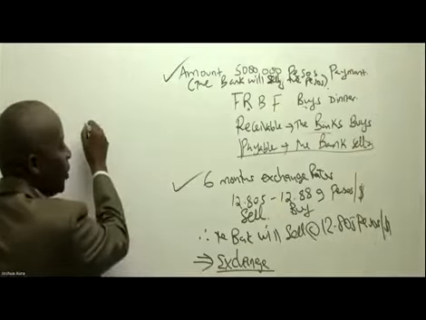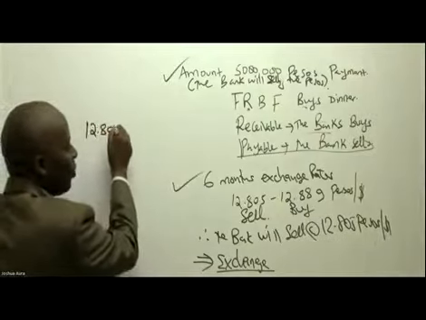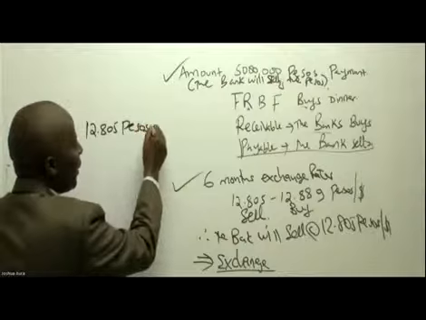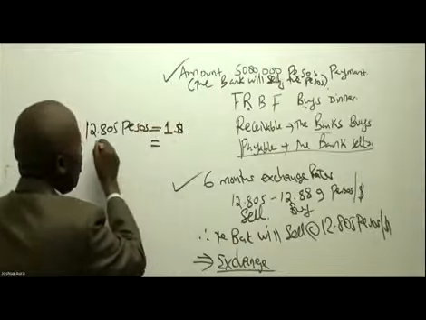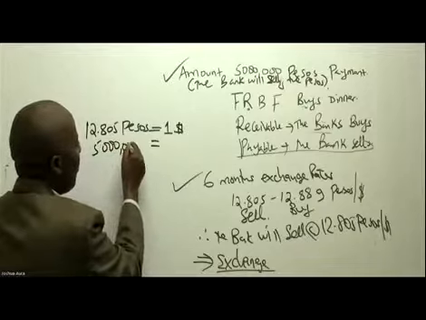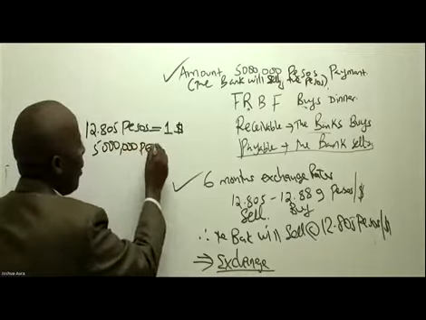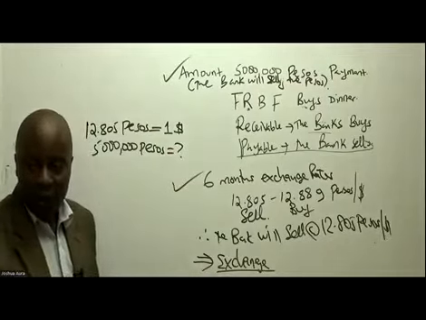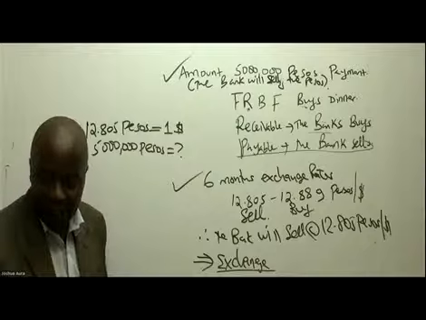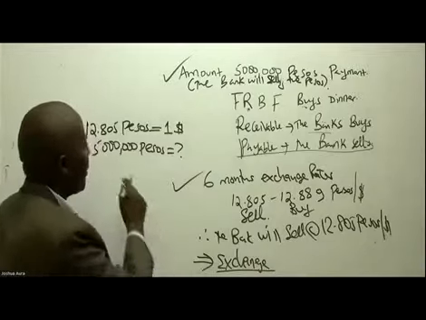So when you're exchanging, it is 12.805 pesos equals $1 US. How about 5 million pesos? So please go ahead and cross multiply.